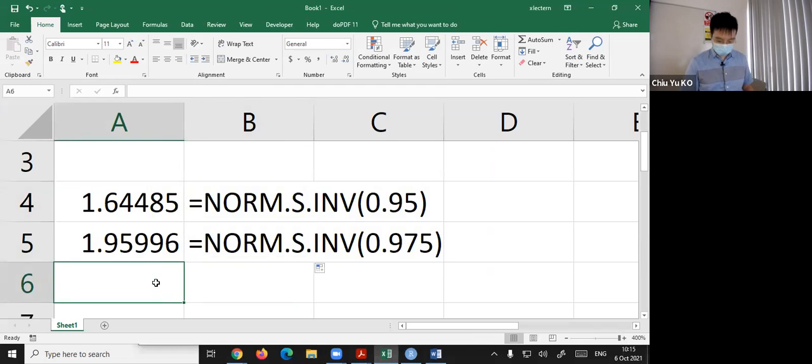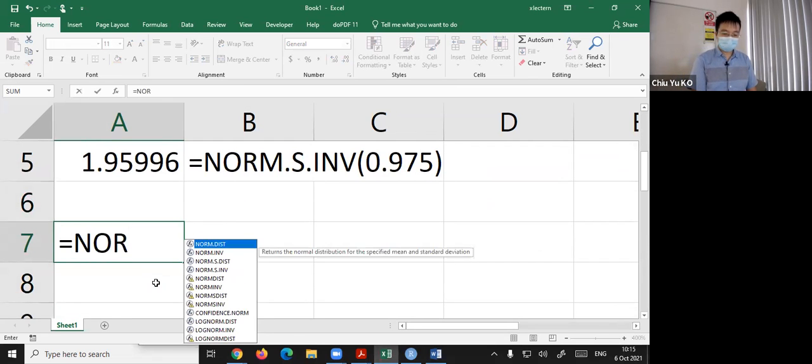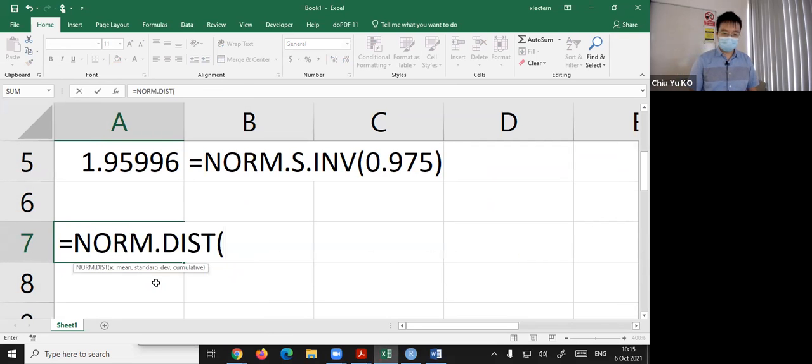Okay, let's go to the screen, Excel here. You do NORM.DIST, and then you have the value 16.